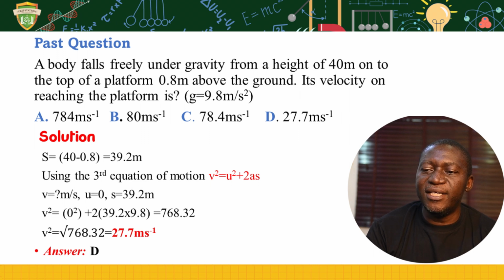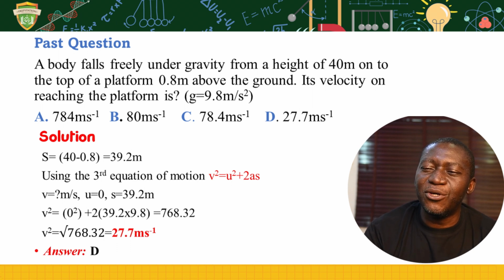So v squared is equal to 0 plus 2 into bracket 39.2 multiplied by 9.8, because our gravity was given as 9.8. And if you sum that up properly, you are going to have 768.32. So if you take the square root of 768.32, you are going to have 27.7 meters per second.